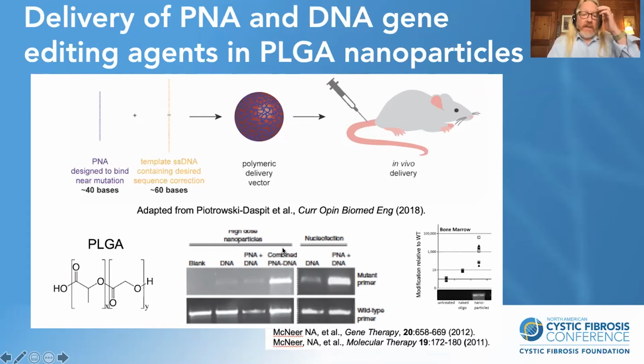What she found in cultured cells, and these were hematopoietic stem cells, was that if you put both the PNA and the DNA inside the polymer vector, you could accomplish fairly efficient gene editing as detected by allele-specific PCR. She also found that if you injected these particles directly into animals, you could find gene editing in tissues throughout the animal, including in the bone marrow, in the lung, in the liver, in the spleen, in a variety of different organs. And that was also measured by this allele-specific PCR.